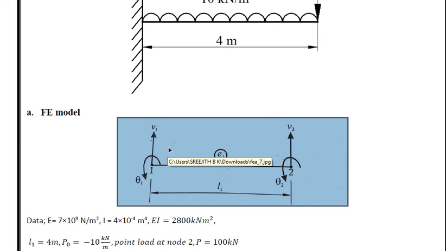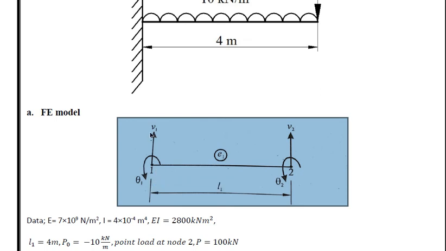So what are those degrees of freedom? We know we have 6 degrees of freedom, Tx, Ty, Tz, translation in x, y, z directions, Rx, Ry, Rz, that is rotation about x, y, z directions. Now at each node there will be 2 degrees of freedom.